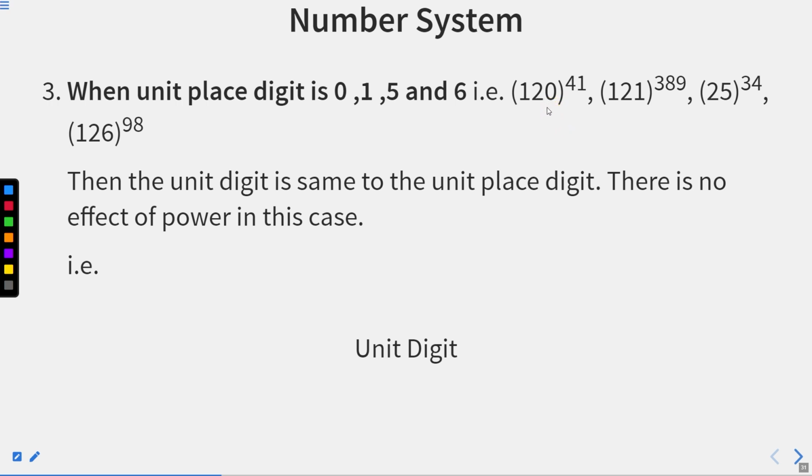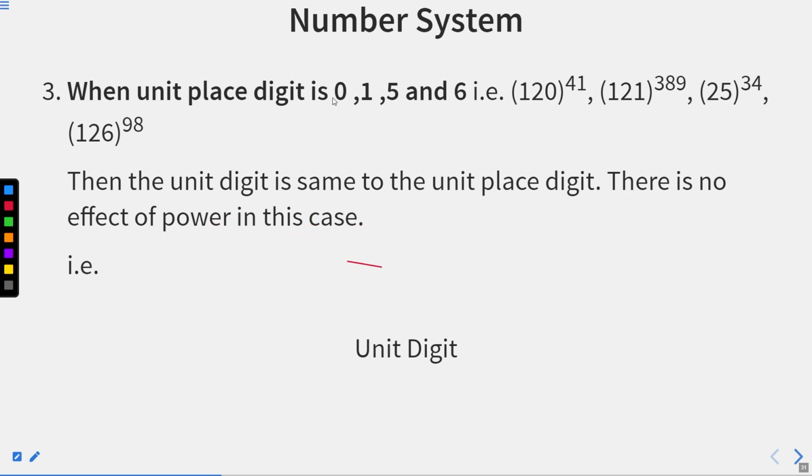So what we are going to do is see, when such a number is given to us which has unit digit 0 and some power is taken for it, what the unit digit will be at last after solving all the powers. If you do that, the unit digit is the same as the unit place digit. There is no effect of the power in this case.